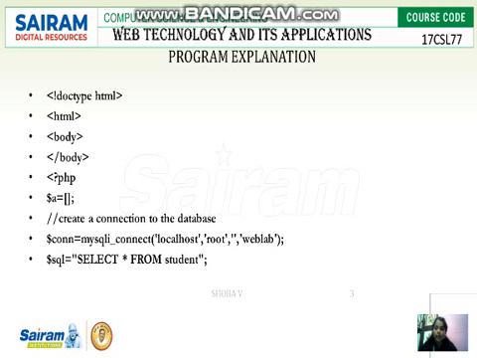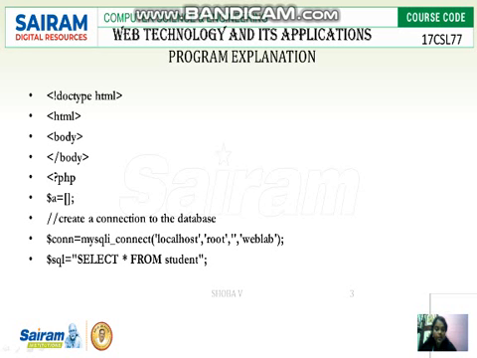Now we will see the program explanation based on this. First are the basic HTML tags, and we create a connection to the database. I have given a variable with a dollar sign, connecting to my database, web lab, the database name.